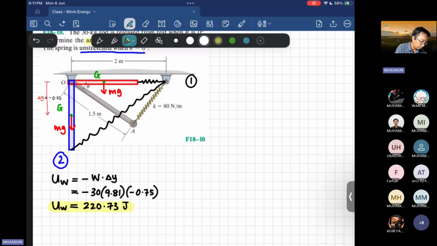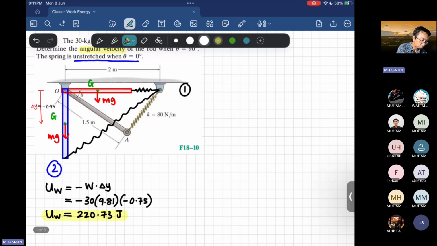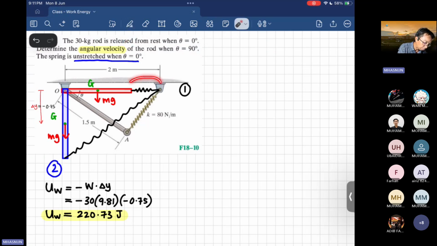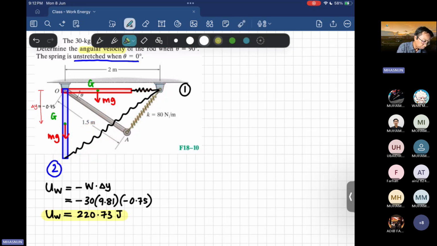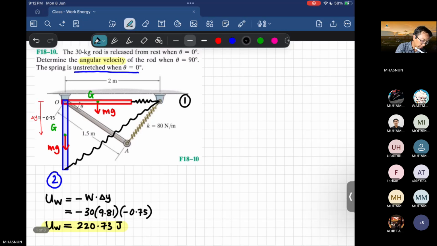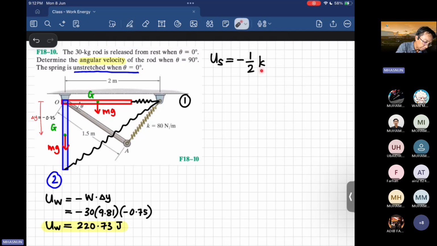The second work done that we can see is by the spring. You can see the spring originally has this length at position 1, and at position 2 the spring has elongated. So we will write the work done by the spring, which is the formula US is equal to negative 1/2 multiplied by K. K here is given as 80 Newton per meter. So we have the value for K here.